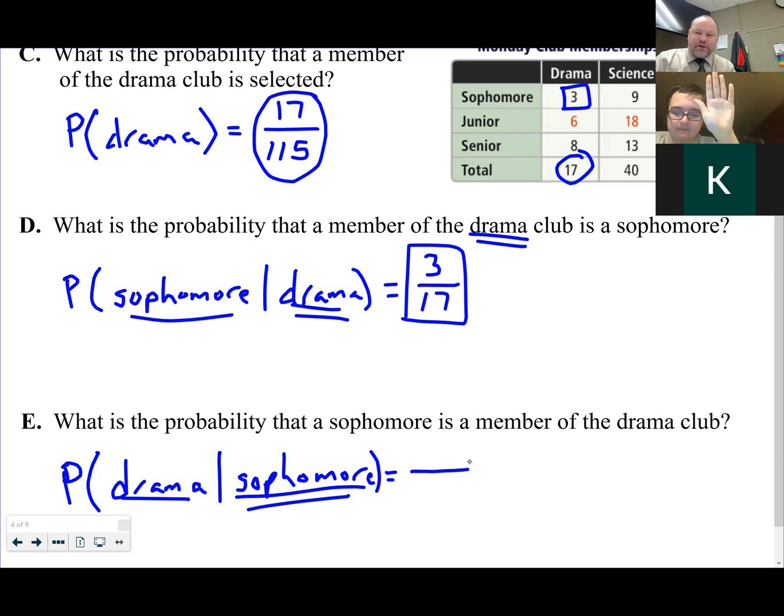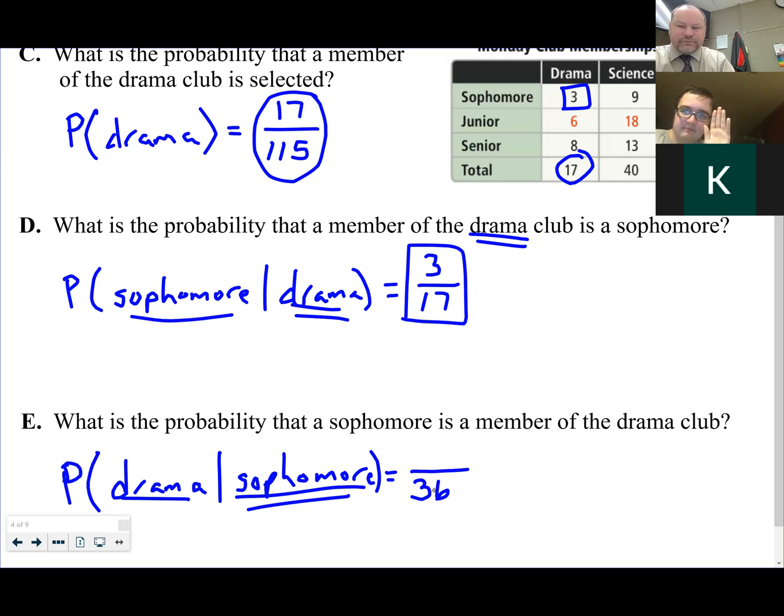So how many total sophomores? Shane? 36 total sophomores. 36. And of those 36, how many are in drama?